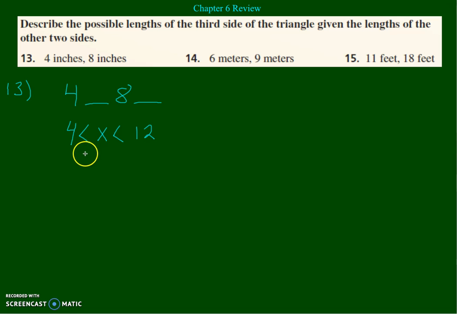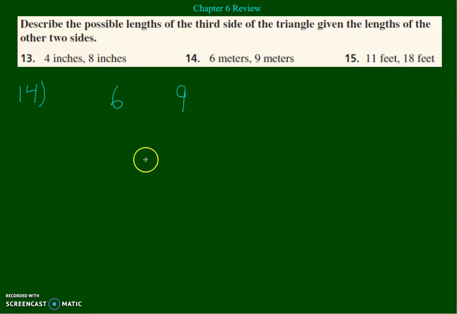And now let's do problem 14. In a similar fashion, we're going to write down our two values. So we have 6 and 9. Give us some space in the middle. And again, we ask ourselves, is there a number less than 6 that when added together gives us a number greater than 9?